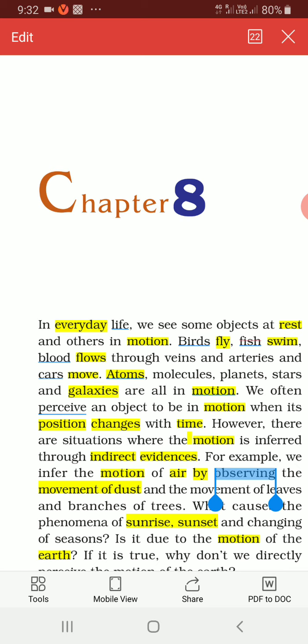For example, the motion of air. Whether air is moving or not, we don't know. We can't see the air. But the movement of dust, leaves, and branches of trees indicates that air is in motion. When leaves are not moving, then we say that air is not blowing.